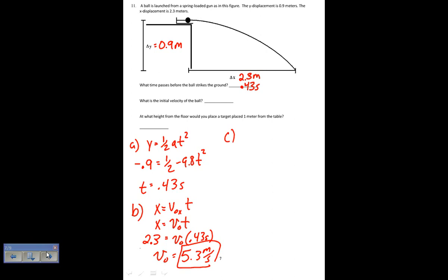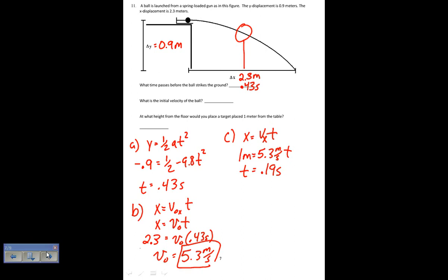And then finally in part C, what if I put a target 1 meter from the table? What height would I put it at? Well, first I want to find the time. I know that x is equal to vx times t. That is, 1 meter is equal to 5.3 meters per second times t. And I find that the time when it goes through this target is at a time of 0.19 seconds.